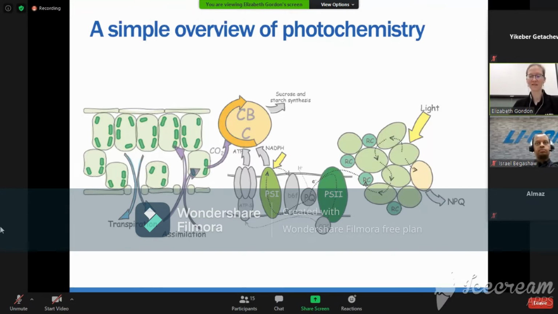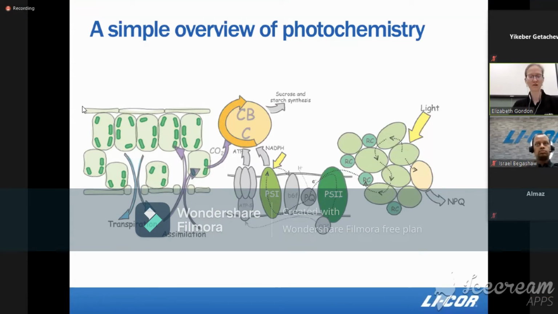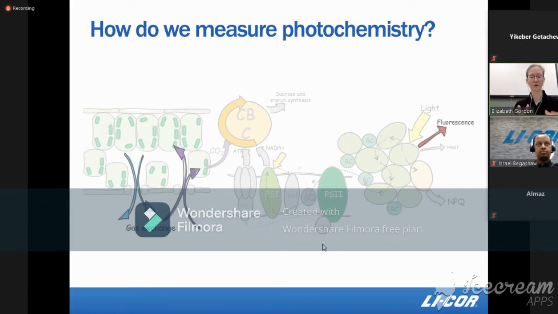Along with light going in and the electrons going to photochemistry, they could also go off to non-photochemical quenching. Non-photochemical quenching is any use of the electrons that is not either photochemistry or fluorescence. And fluorescence is the other process. A lot of other processes are happening.